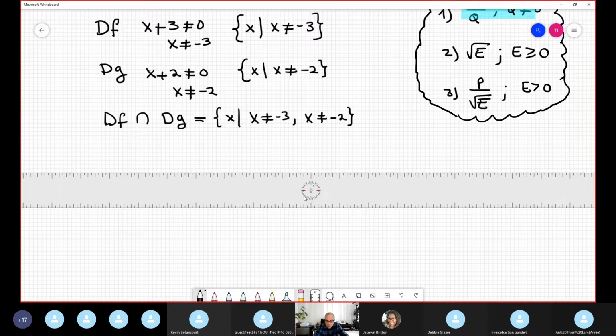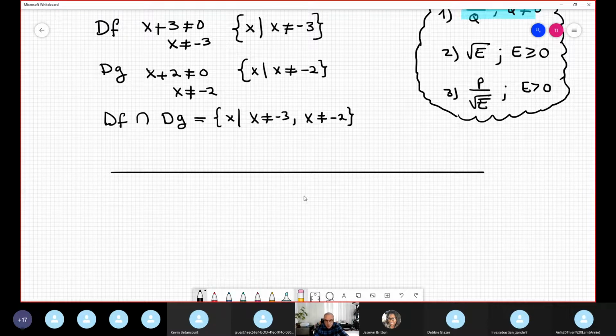On the number line, this is my all real number line, negative infinity, positive infinity. I discover we have two holes in my problem: one hole at negative 2 and one hole at negative 3. Okay, so we have a hole here. Wait, let me use blue color. One hole here and one hole here.